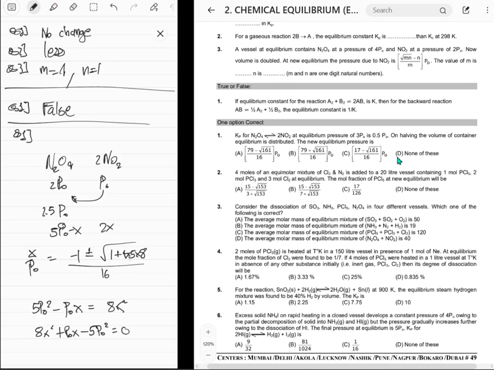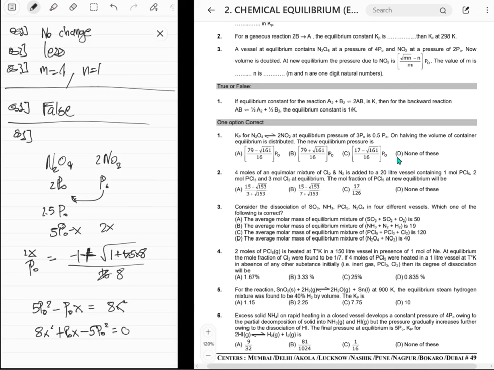That's going to be square root of, okay, so you want 2x, right? So it's going to be upon 8. And just want the plus value because the negative value doesn't make sense. So 8 times 5, that's 40, times 4 is like 160. So 161 square root of that minus 1.